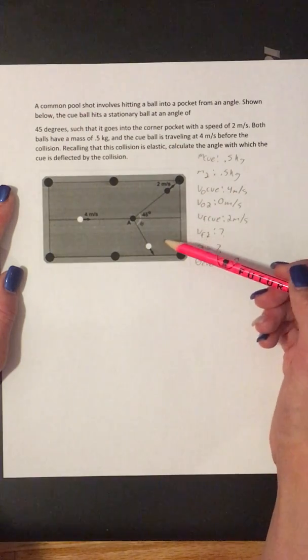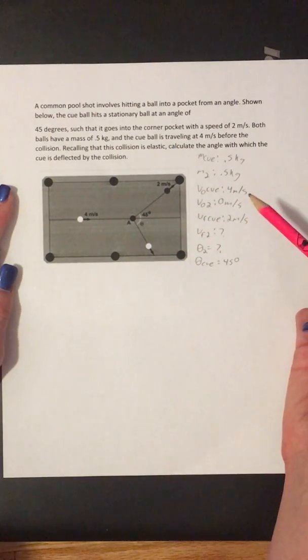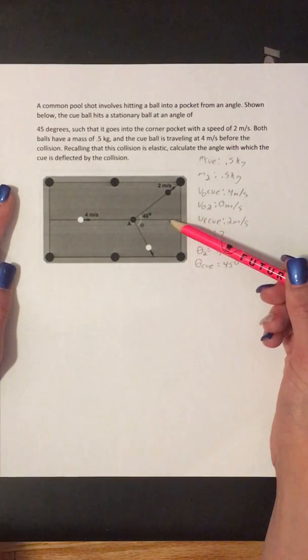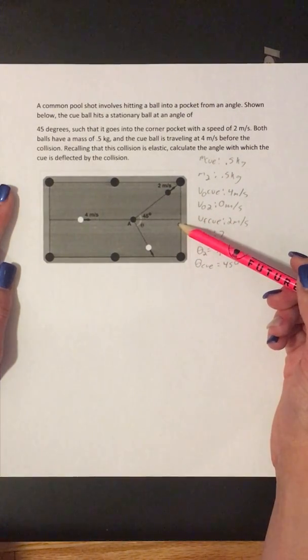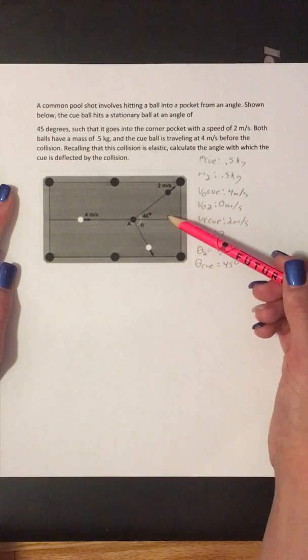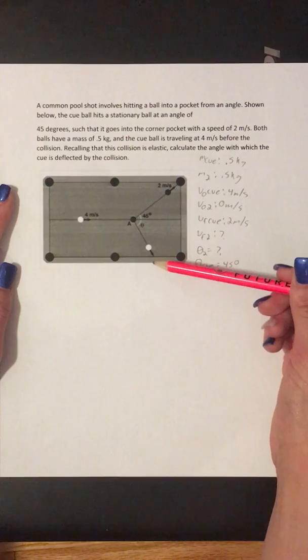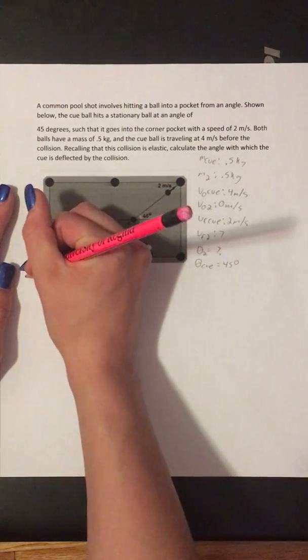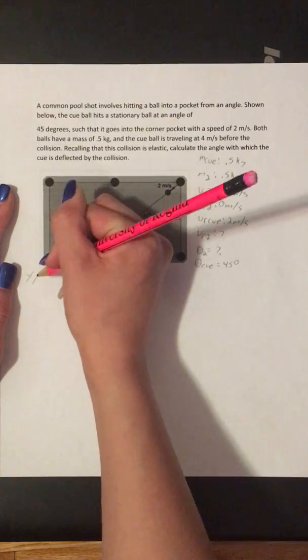So that's why it's a collision in 2 dimensions. So when we solve for this, normally if it was just in one direction, we would use one equation, but since it's in 2 directions, we have to use one for the y values and one for the x values. So we'll start with the x values.